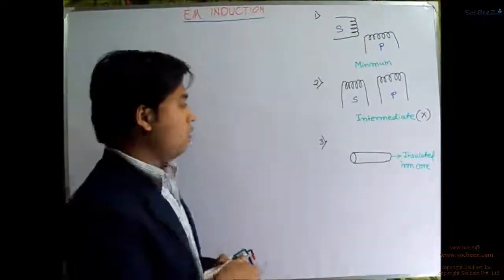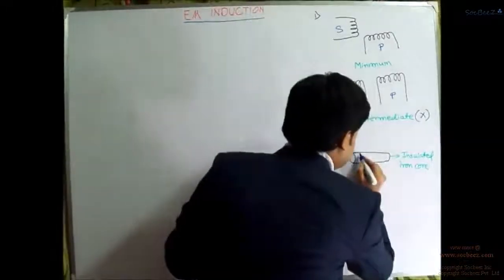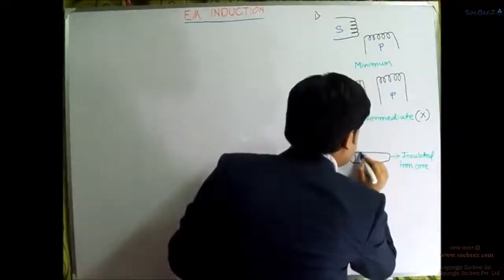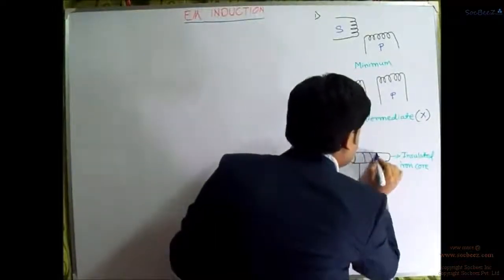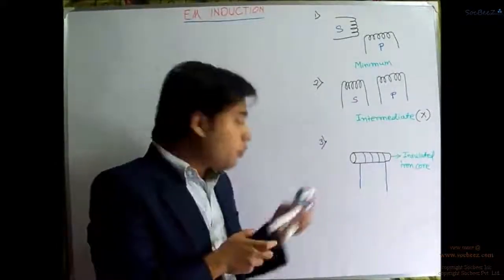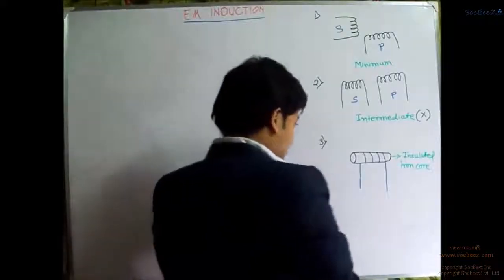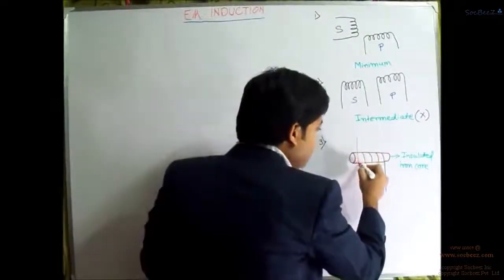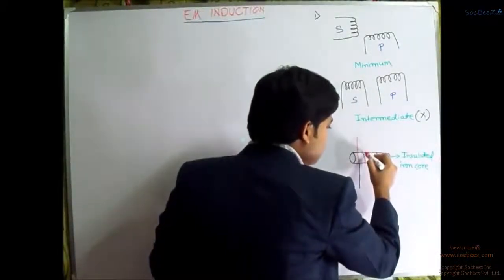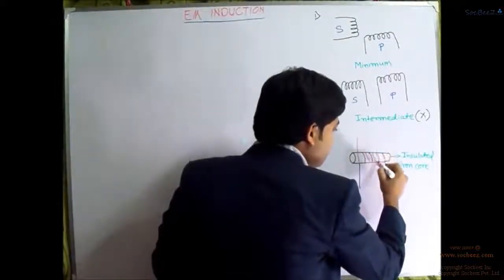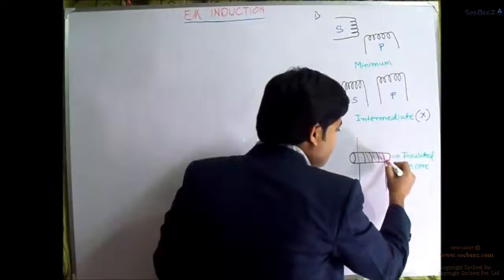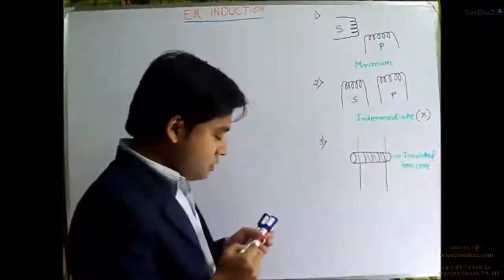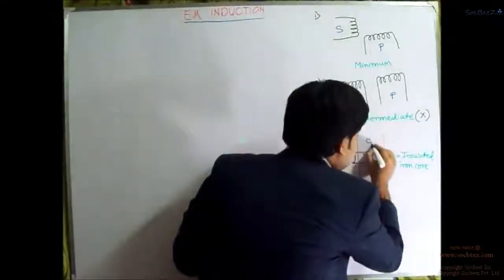Because we are going to place the primary coil wound around it, and another coil, the secondary coil, wound around it likewise. So this is the primary coil and this is the secondary coil.